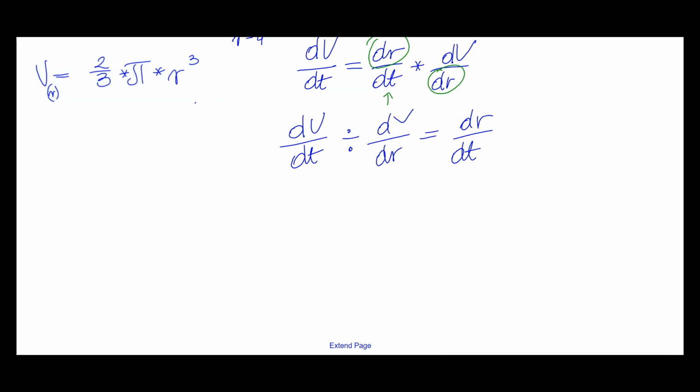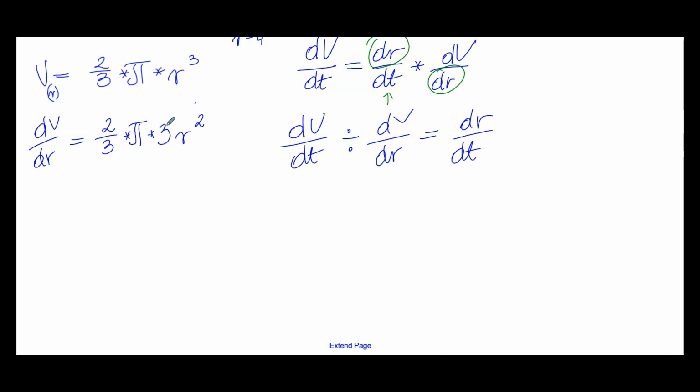So how will derivative look like? Well, those are numbers, they cross over, isn't it? 2 over 3 multiplied by pi. So what happened with 3? Goes in front. And that 2, that will be 2 because that's 3 minus 1, isn't it?